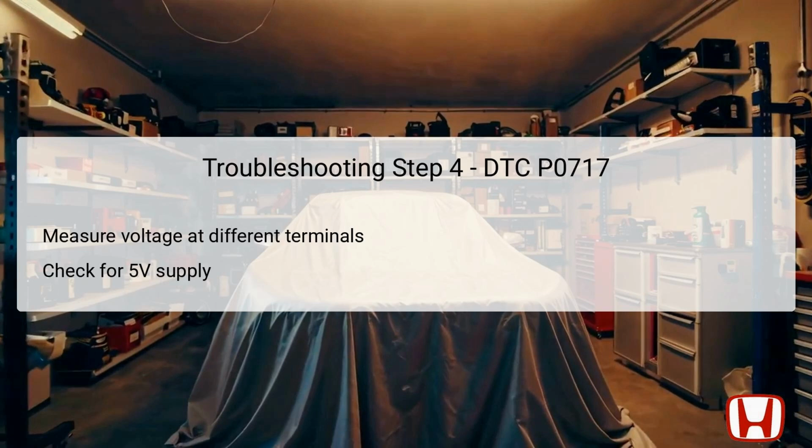If you measure around 5 volts, it indicates that the torque converter turbine speed sensor is likely faulty and needs to be replaced. If the voltage is absent, it suggests that the sensor is operational, but further investigation is needed to check for an open circuit in the SG2 wire between the sensor and the TCM. Accurate voltage readings are crucial at this stage to guide the proper course of action effectively.